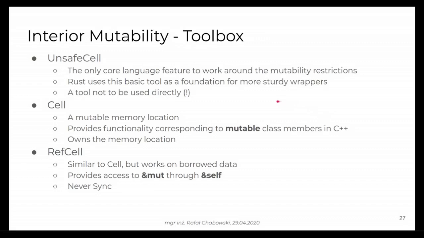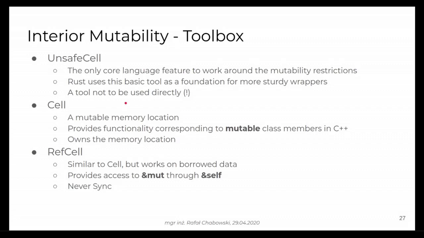What tools do we have to achieve this interior mutability? We have the UnsafeCell. This is the only core language primitive to achieve this effect, and it's not to be used directly because it's unsafe. So Rust uses this basic tool as a foundation for more sturdy wrappers. In particular, these are Cell and RefCell. Cell is simply a mutable memory location, provides this functionality of the mutable keyword, and owns the memory location.